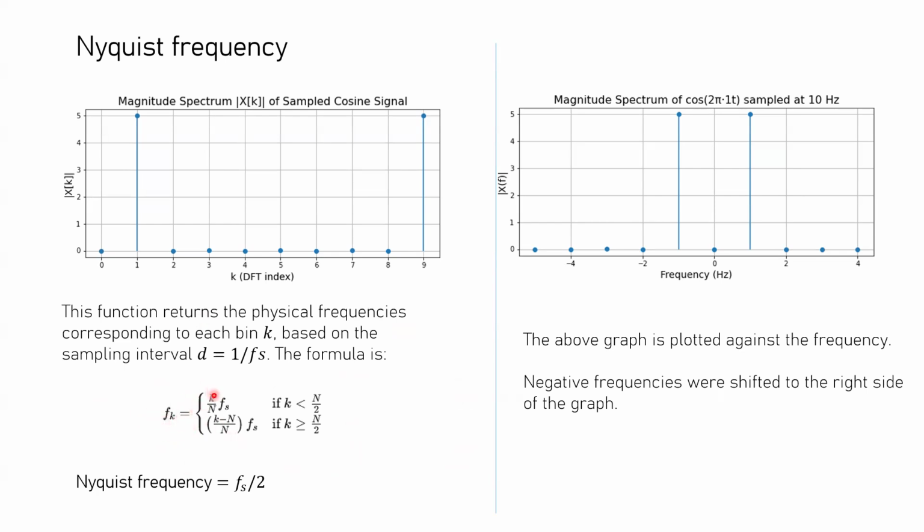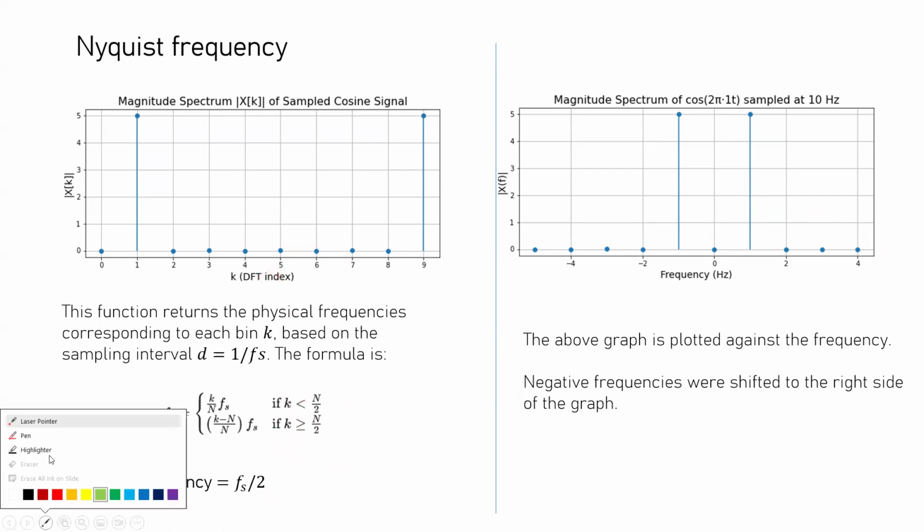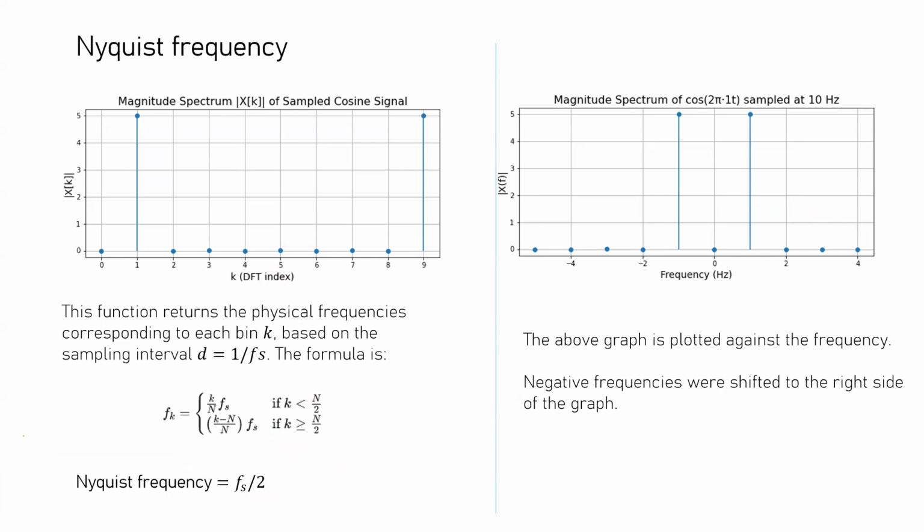Fk is equal to k over capital N times Fs if k is less than N over 2. Otherwise, we have (k minus capital N) over N times Fs. So if you do this math, you will find a graph something like this.